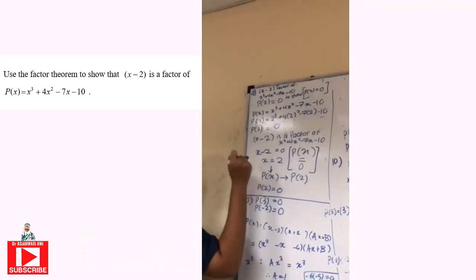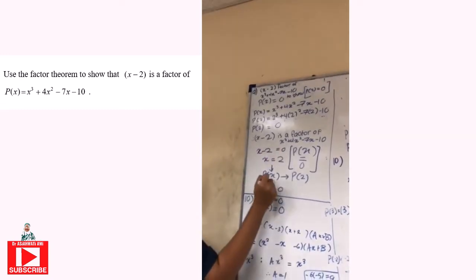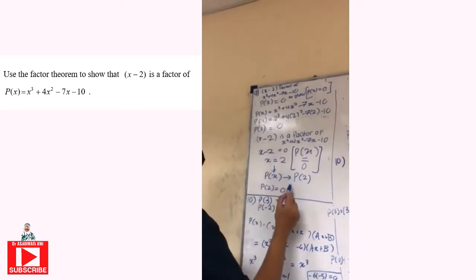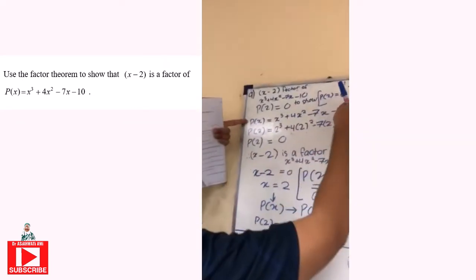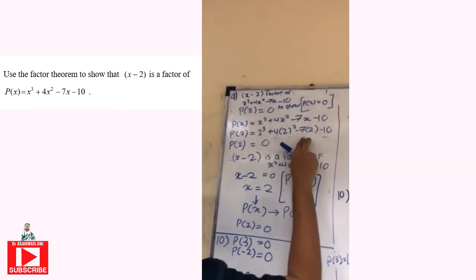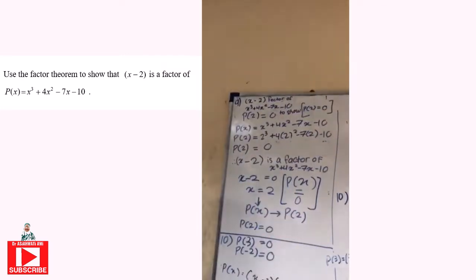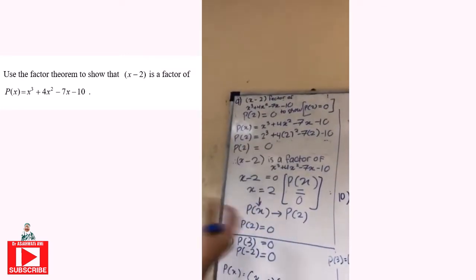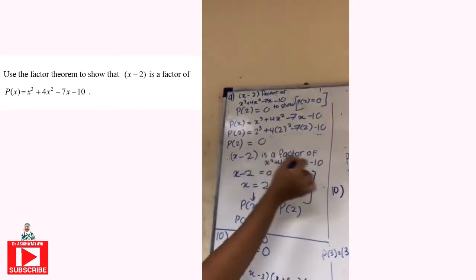So kita dapat X equal to 2. So kita akan guna X2 ni, kita substitute balik sebagai X dalam P. So kita akan guna P in bracket 2. So daripada kita punya equation panjang ni, kita just substitute nombor 2. Dan benda ni akan jadi kosong. P 2 ni pun equal to kosong sebab factor theorem. So bila kosong-kosong, kita boleh prove yang X minus 2 is a factor of benda panjang ni.